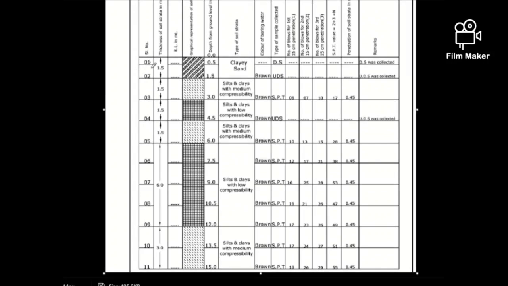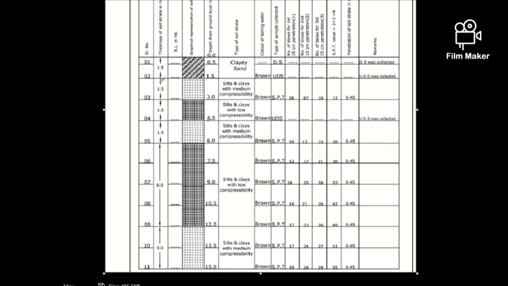At first, the serial numbers are created: 1, 2, 3, 4. How are they created? As per depth. Every 1.5 meters of depth, 1.5, 3, 4.5, a serial number is taken and accounted for. Then it varies as per depth, as the soil layer and soil strata vary.